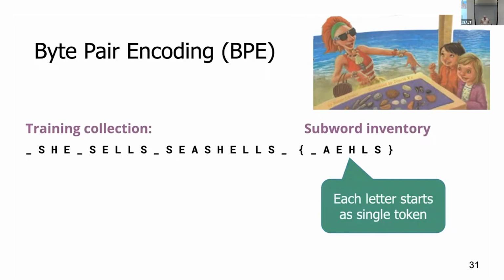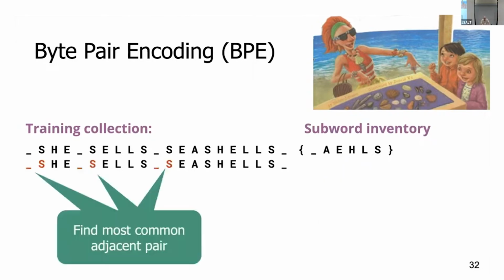So you start with an inventory of a bunch of letters. Here in our example, our training collection is "she sells seashells." And so we start with these 6 tokens. And what we're going to do is repeatedly find another token and add it to our inventory. We do that by finding the most common adjacent pair of tokens.